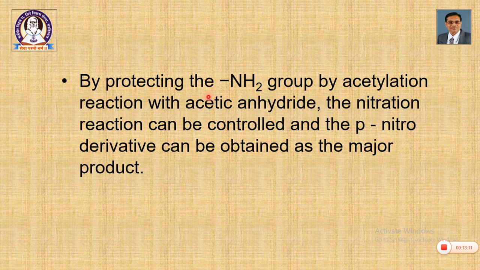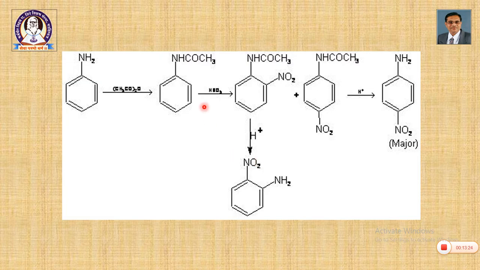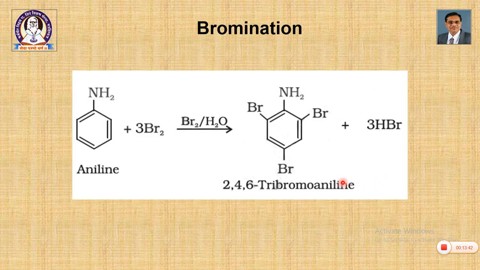So, by protecting the NH2 group by acetylation with acetic anhydride, the nitration reaction can be controlled, and then the para product is obtained as the major product. So, these are the reactions. With protection of this NH2 group, we get that particular protected NHCOCH3 group, then we get a small amount of nitration at the ortho position and the major product at the para position.